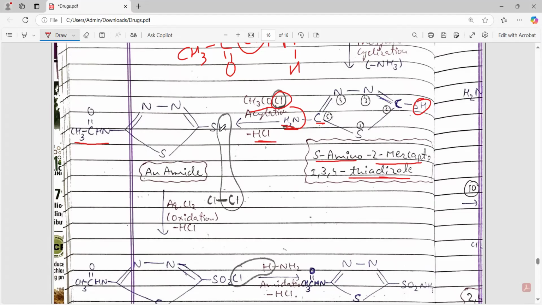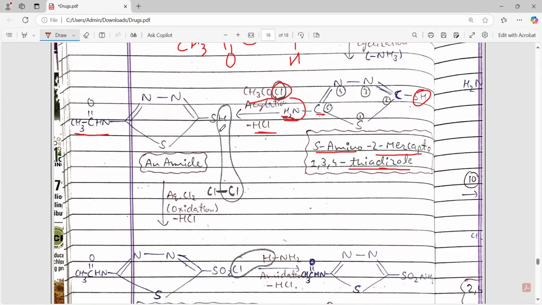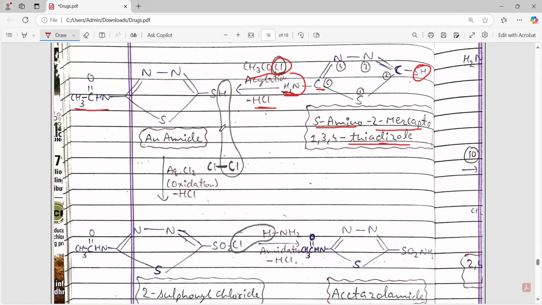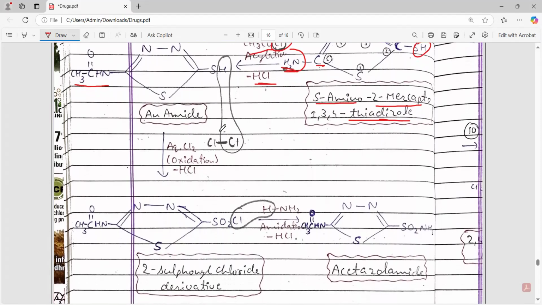So here the oxidation takes place, so that's why it has the SO2Cl group attached. Because if we have a methyl group, it will be oxidized and we will get carboxylic acid. In the same manner we have a sulfur group, oxidized in the presence of Cl2, so it will convert into SO2Cl as an oxidation product.